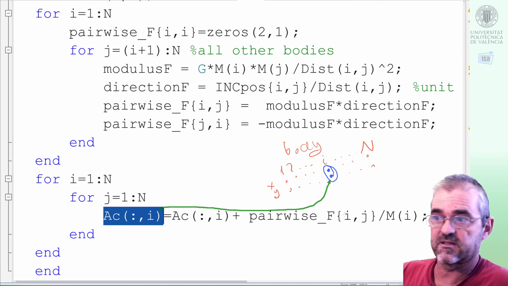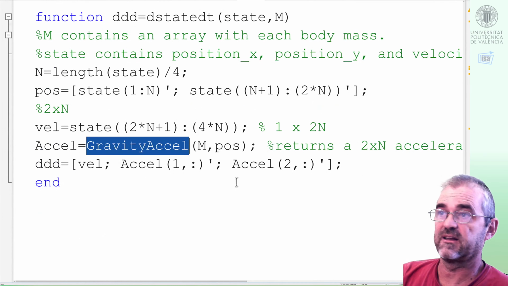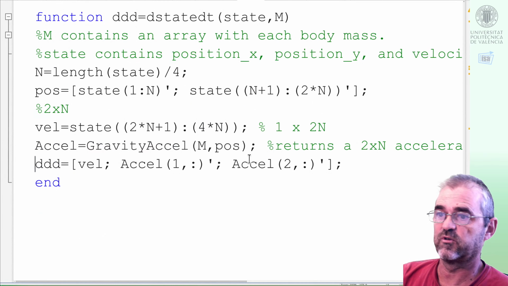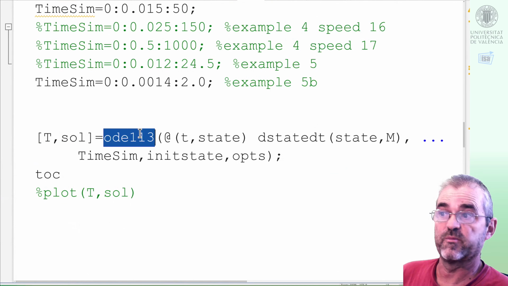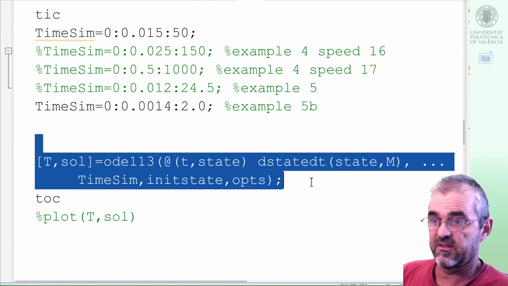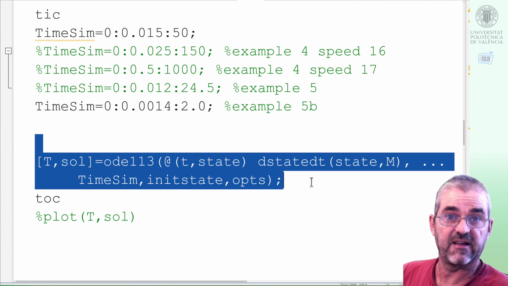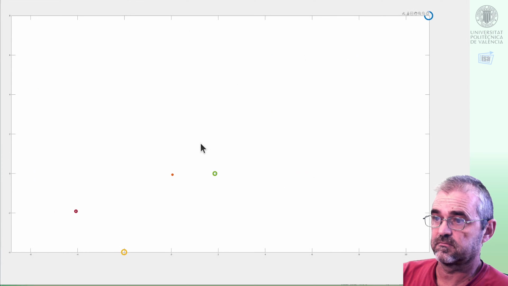So once I finish this, I can use its output to form the derivative of the 4n-dimensional state for the numerical integrator, and that's it. With this line, I have carried out the simulation.